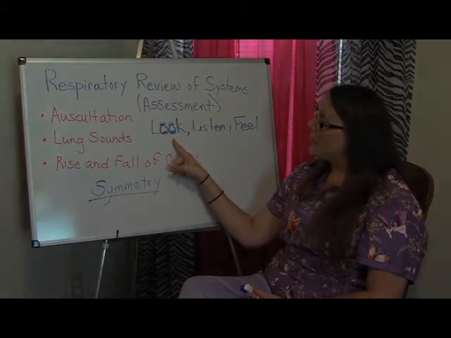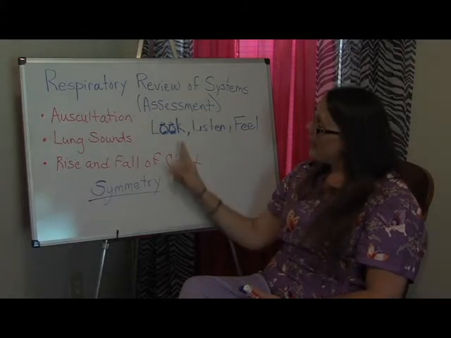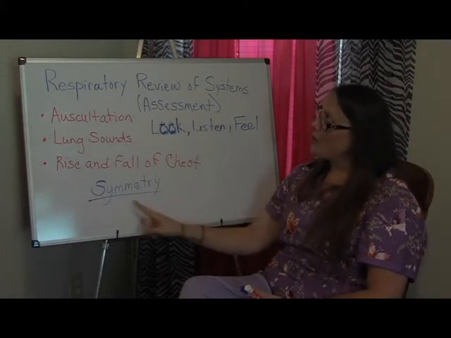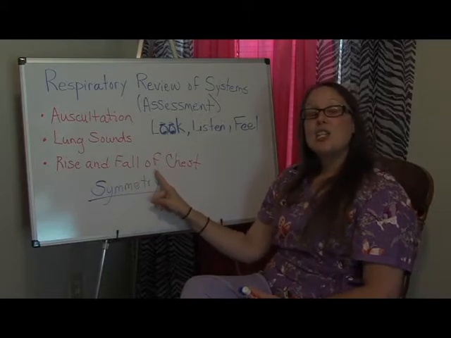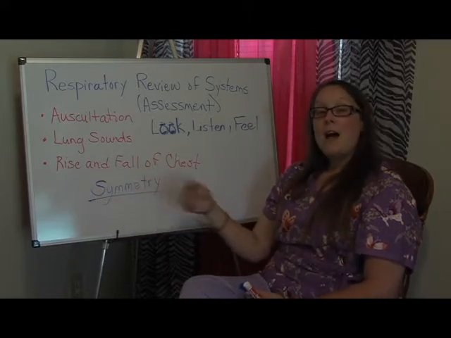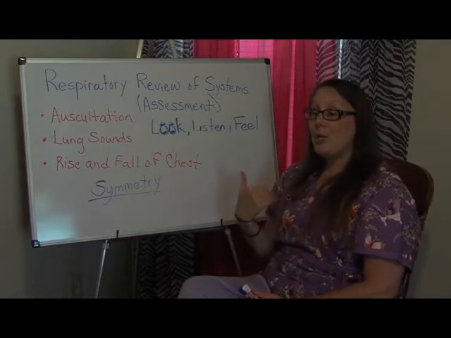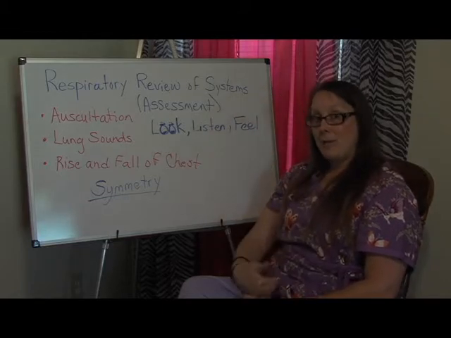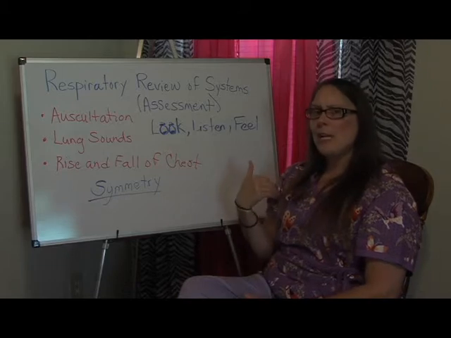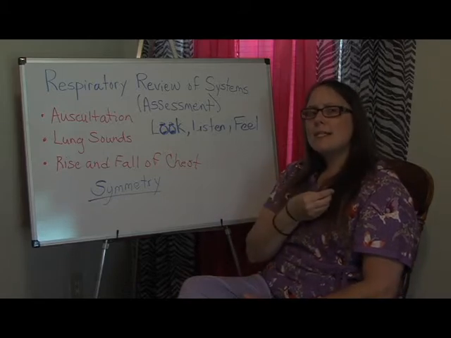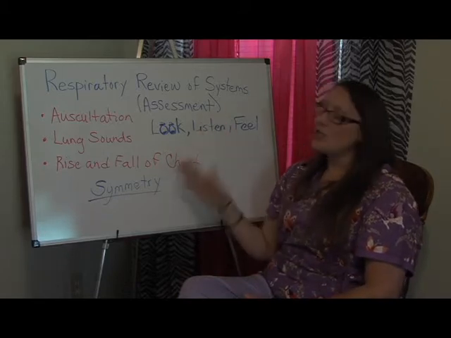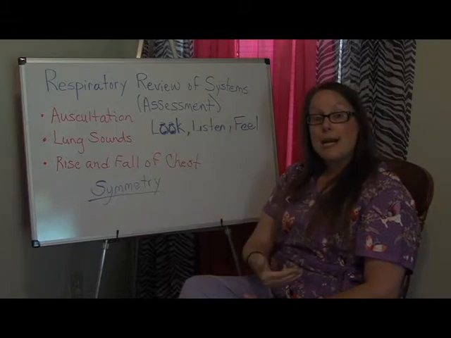What we're also looking at as part of our assessment, or our review of systems, is the symmetry of the chest. Down the sternum, we would divide the body with an imaginary line down the midline, and we're looking at the right lung versus the left lung. Remember that everything is directly in reference to the client.